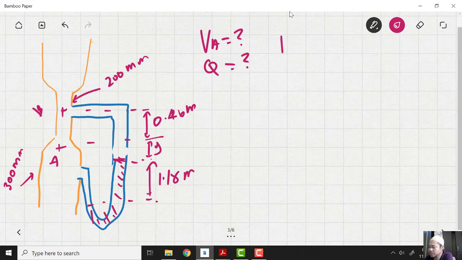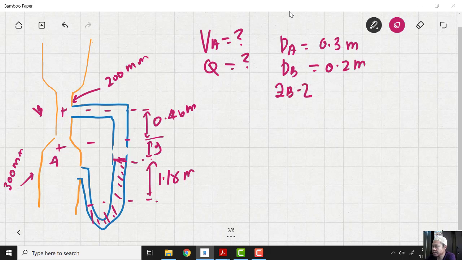What is given to you is dA, which is equal to 0.3 meter, and dB equal to 0.2 meter, and then the elevation difference ZB minus ZA between point A and point B is 0.46 meter. What else do we have? Do we have V1?